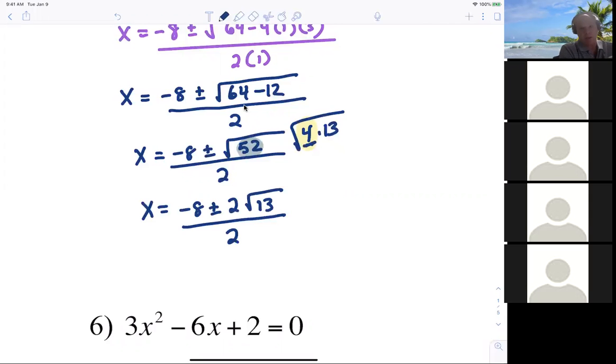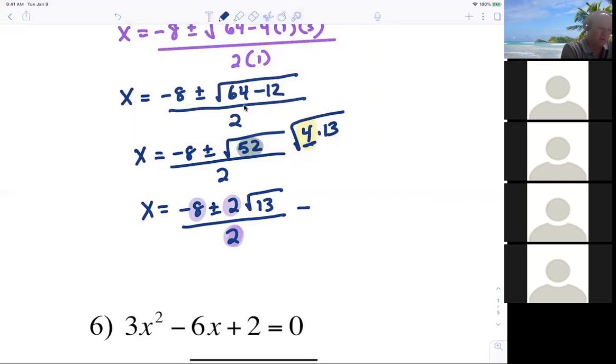Now's the time. I'm going to reduce the fraction now, but now is the time I need you to speak up if you didn't understand any of the arithmetic there, or how I broke down the radical. Anybody? Okay, so now we're going to look carefully at divided by 2, divided by 2, and divided by 2.